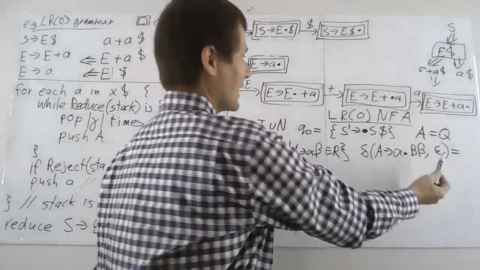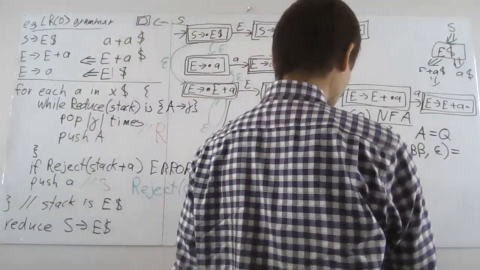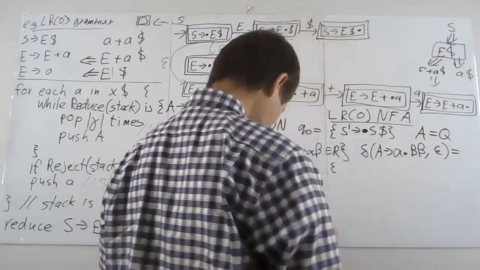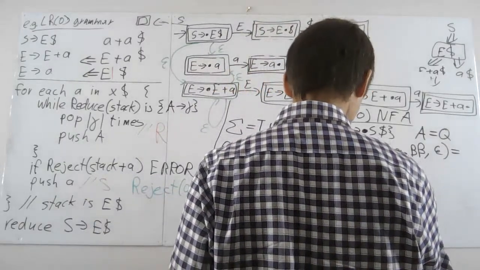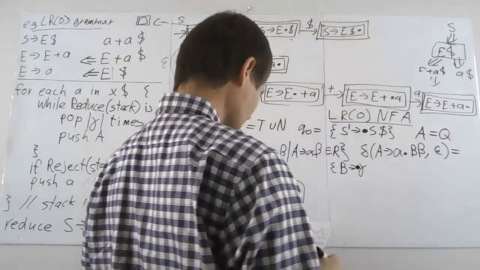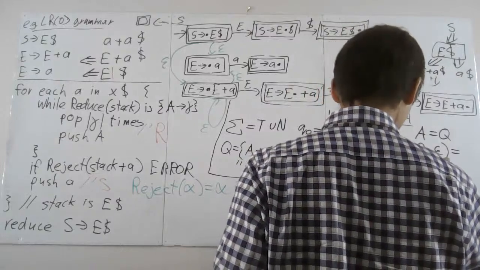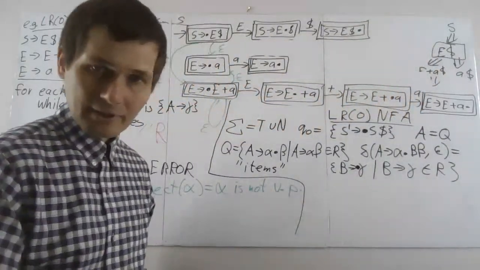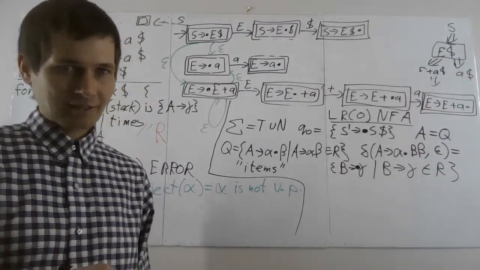And so I want an epsilon transition to every production rule that expands B. So I want to go to B goes to dot gamma, such that B goes to gamma is in the production rules of my grammar.